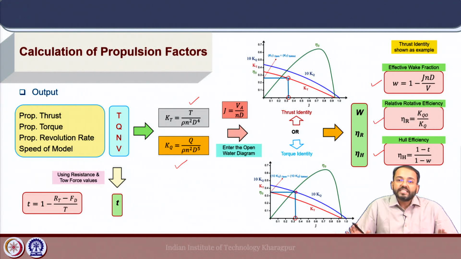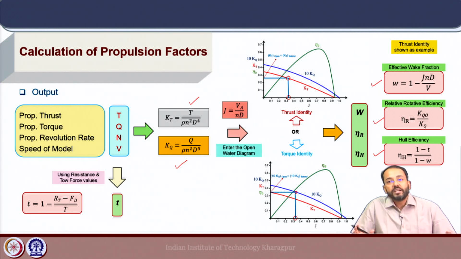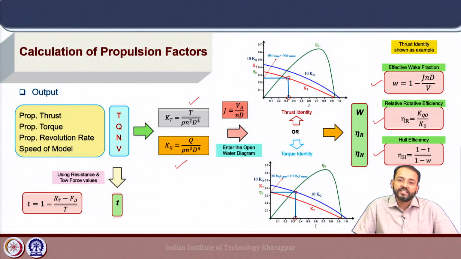So, this is the standard representation of the propulsion factors calculated from the self propulsion tests in combination with the results obtained from resistance tests and open water test.